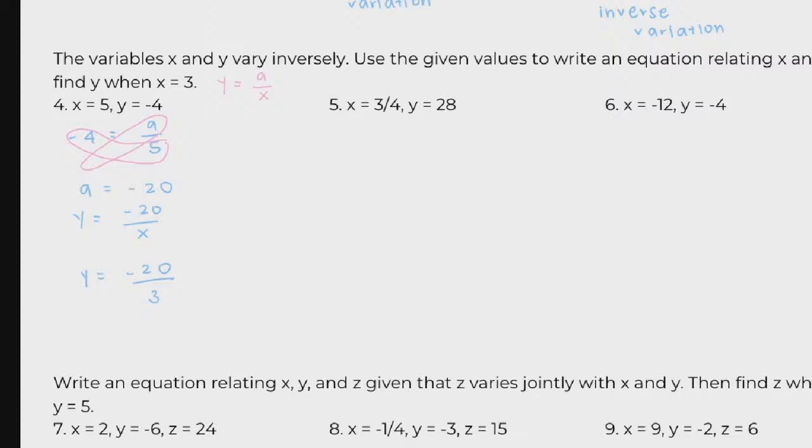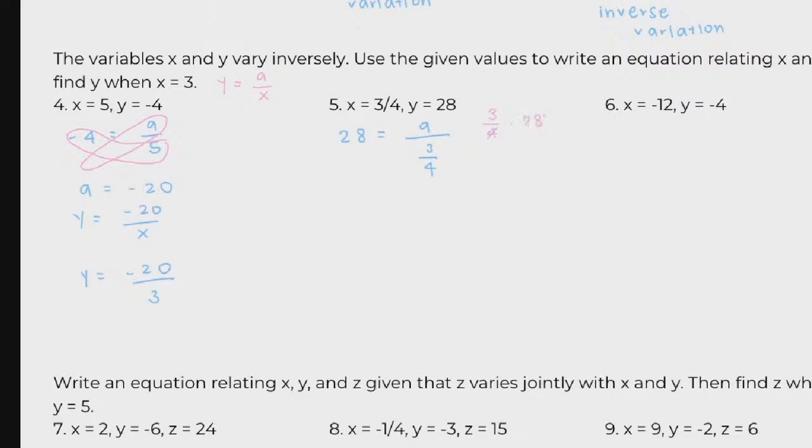Number 5, we have x equals 3/4 and y equals 28. So we're going to plug in 28 for y and 3/4 for x. And again, we can cross multiply. So we're multiplying 3/4 times 28.